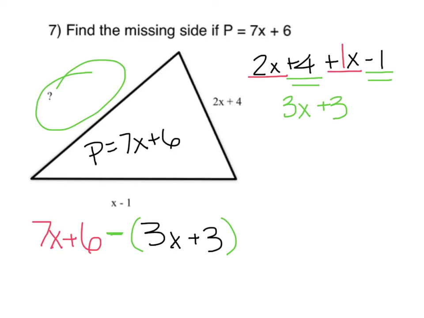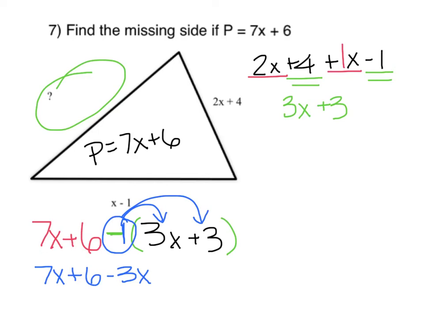Hopefully you guys noticed something right here. This also looks like a problem of distribution, because I have this negative 1 right here that I have to distribute. I didn't change the 7x plus 6, but I am going to distribute this negative 1. Minus 3x, because negative 1 times 3x is negative 3x. And negative 1 times a positive 3 is negative 3.